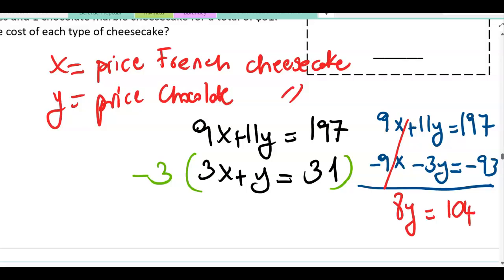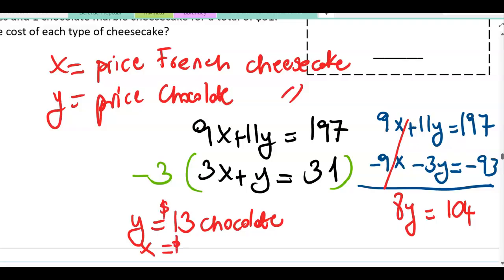Divide by 8, so y will be equal to 13, $13 for a chocolate cheesecake. And then if you plug in for x in any of these equations, x will be equal to 6, $6 for a French cheesecake.